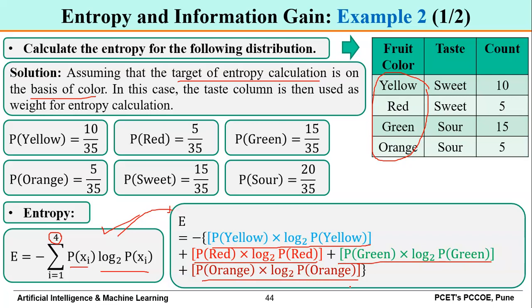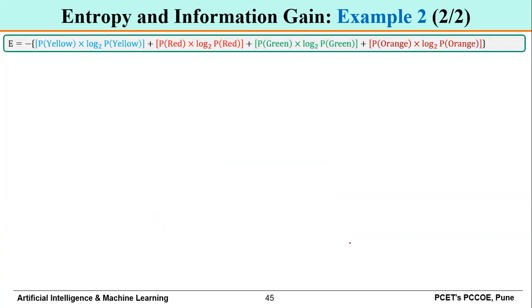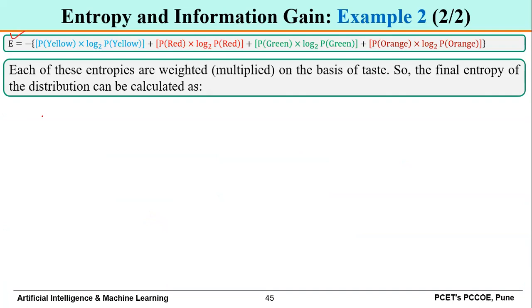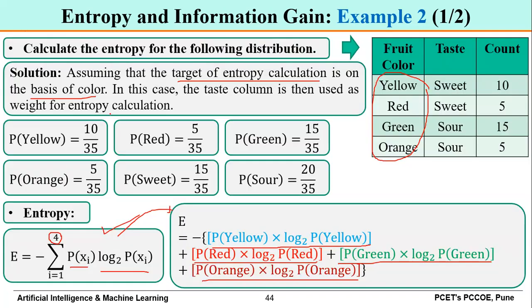In order to understand each calculation separately, I used different colors. Again, the same formula I have put here so that you will understand in a better way. Now this particular formula that we derived, we can solve as well. For example, we can put the probability of yellow, probability of red, probability of green, and calculate the entropy.